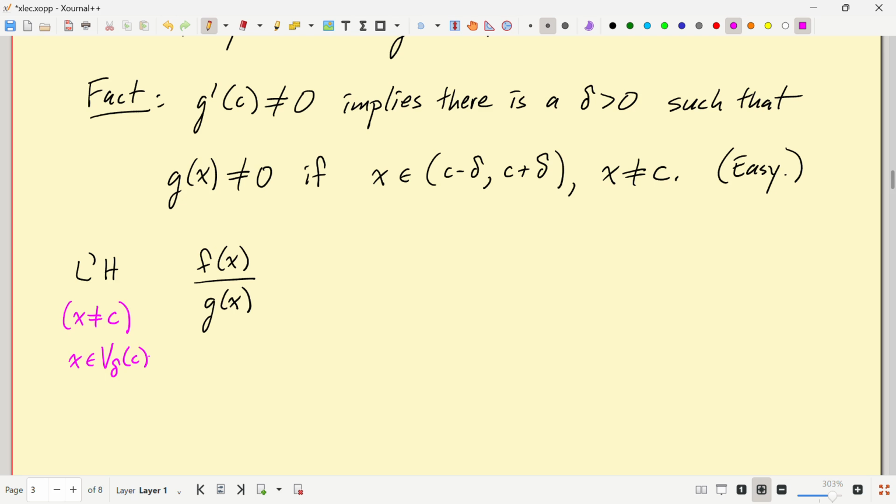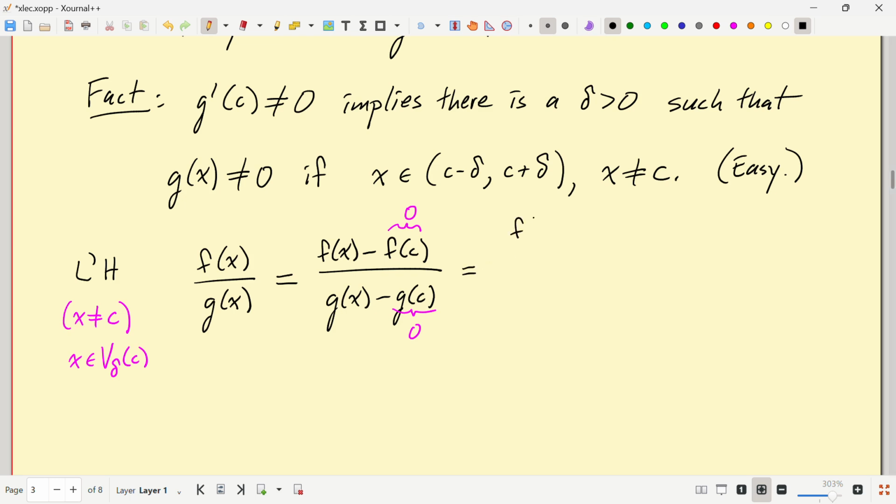Okay, so now what do you do if you're in freshman calculus? You say, well, on the top, f of x minus f of c is 0, and on the bottom I'd have g of x minus g of c, which is also 0. And I realize, oh, those look like difference quotients, kind of.